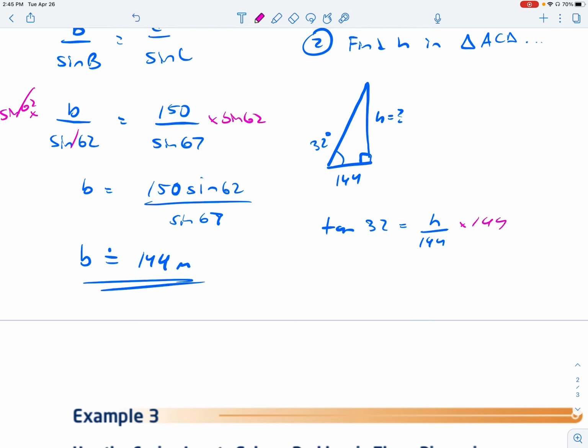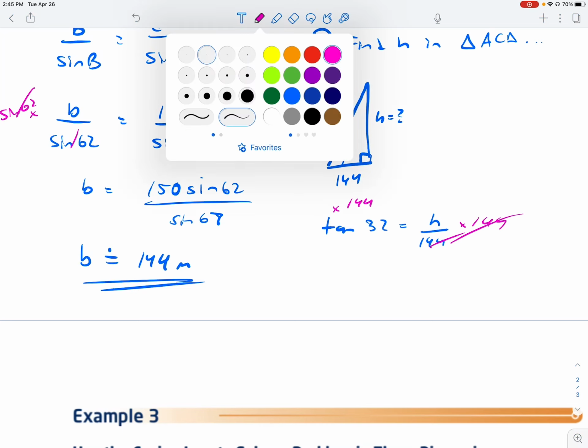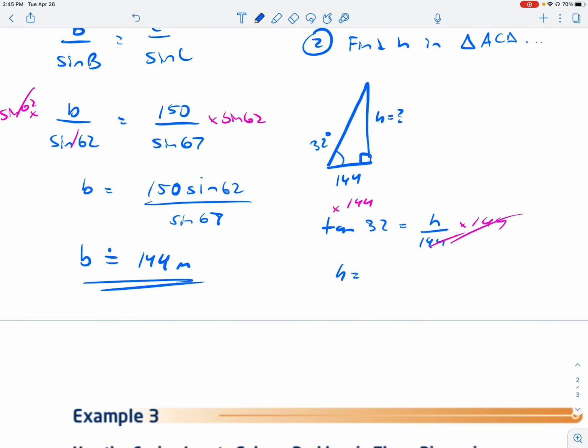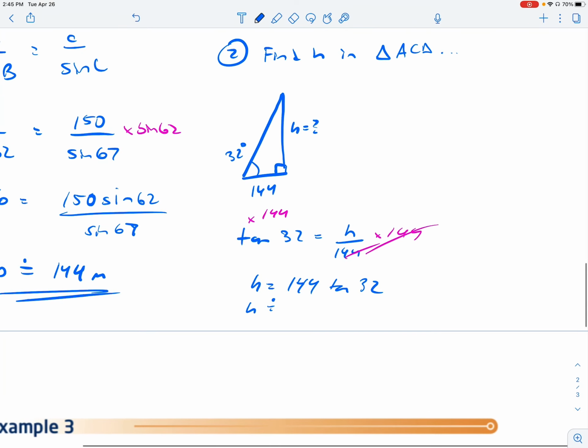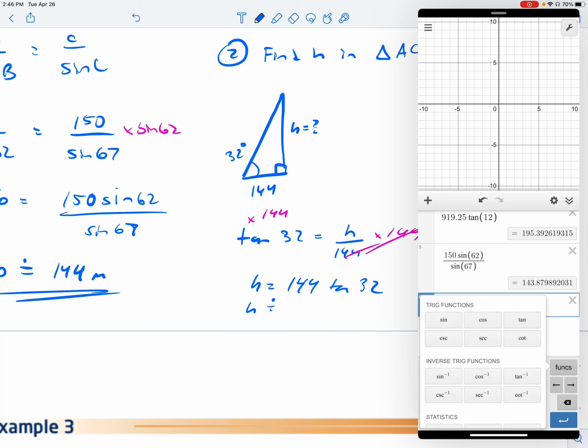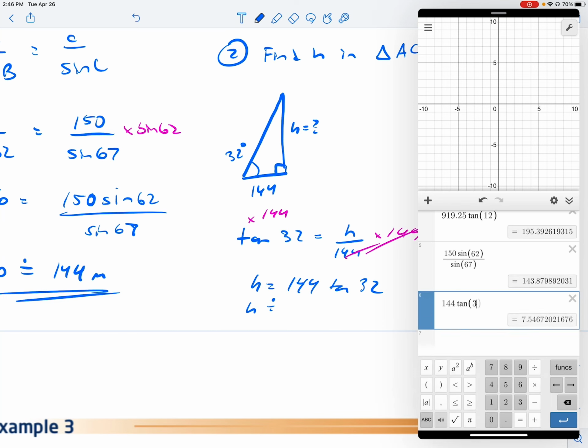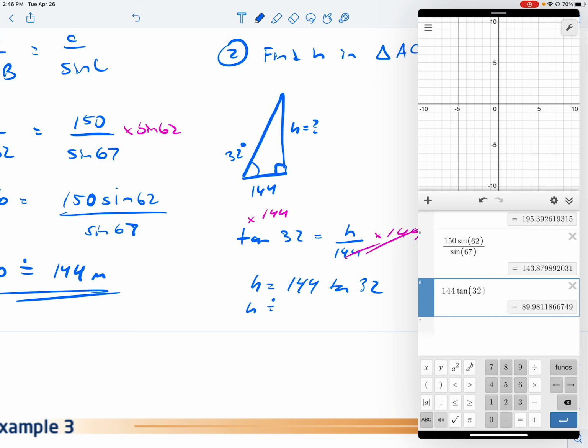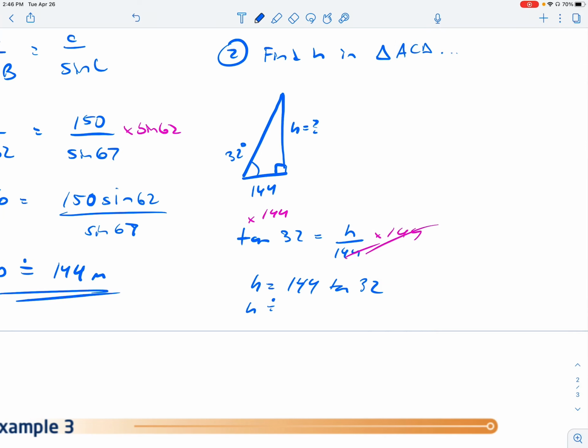Multiply both sides by 144, cancel that out. So h is going to equal 144 tan 32, which will be approximately 89.98, approximately 90.